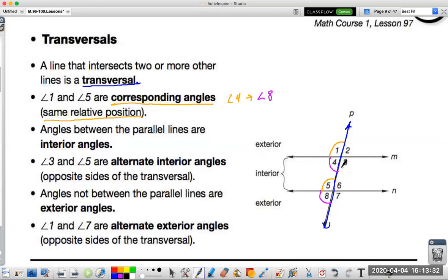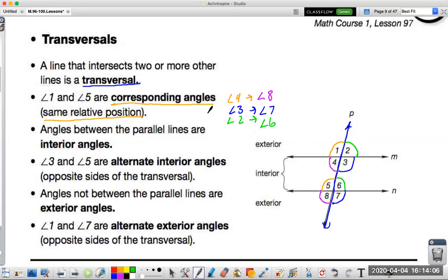We could go on and you could see that they would all have a corresponding angle. Angle 3 would be corresponding to angle 7. Nice job. Let's do the last one. What would angle 2 correspond to down here? That's right, it'd be angle 6.